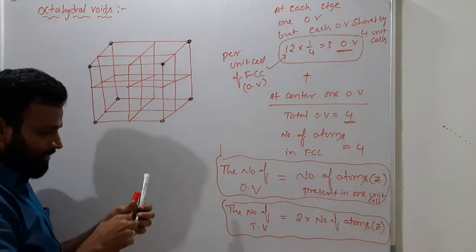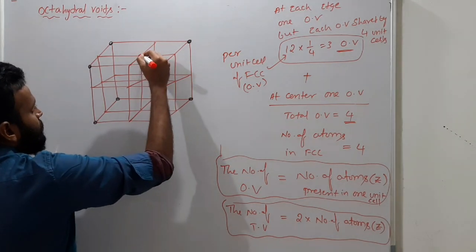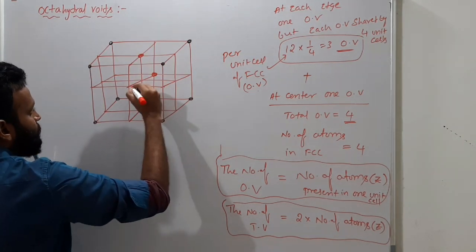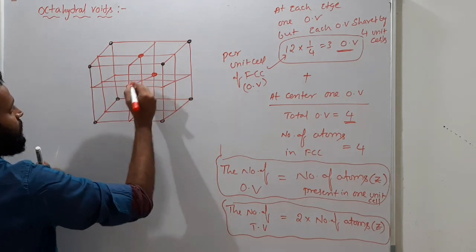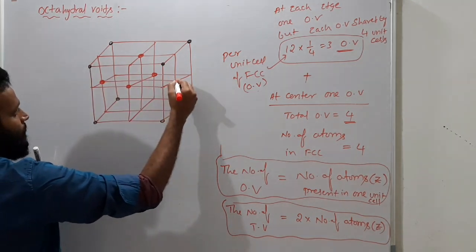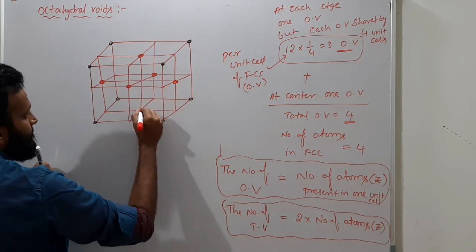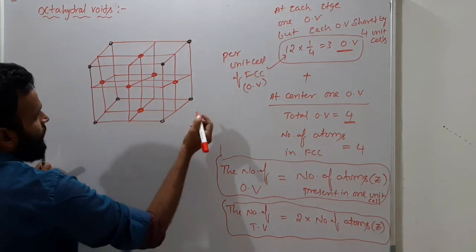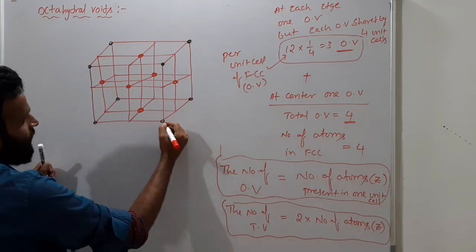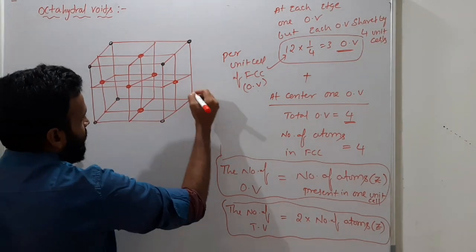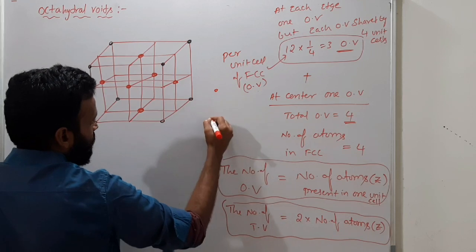Now at face centers I will draw atoms. So 1, 2, 3, 4, 5, 6. Okay, now between these two you are having, here you have 1 and here I will draw one more like this.